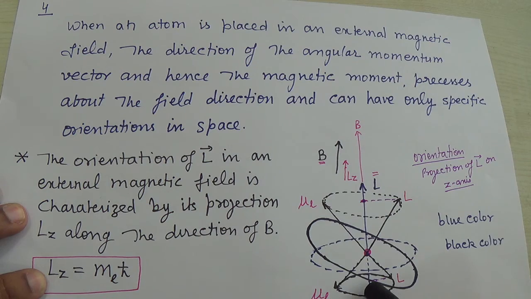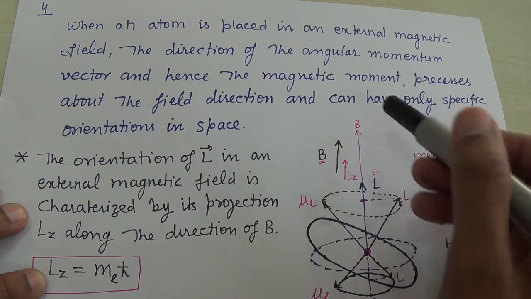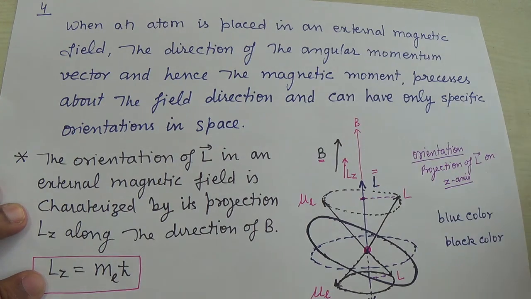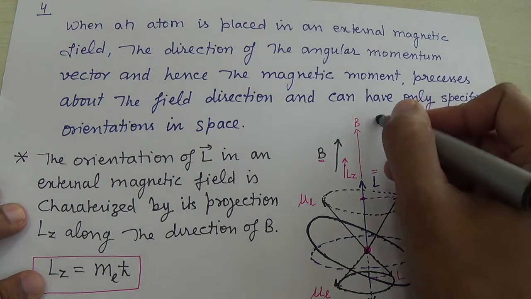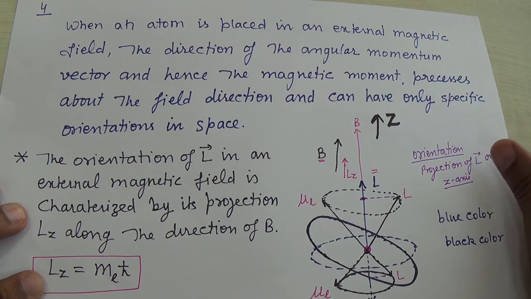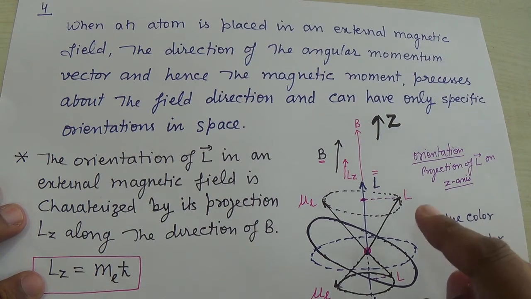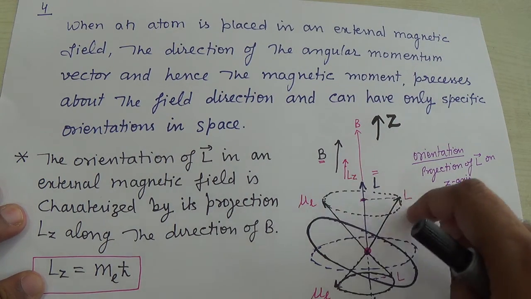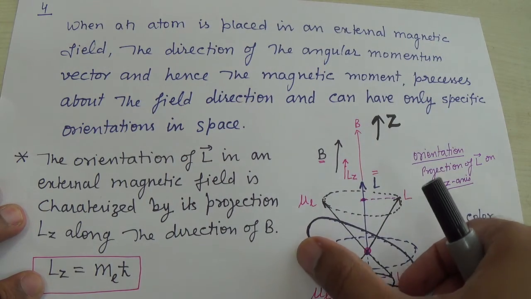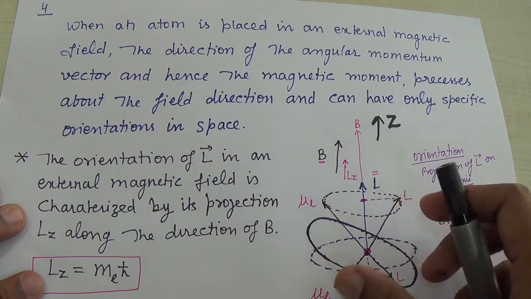We have applied some external magnetic field along this direction, that is the z direction. This is our z direction, right? Now what happens? In the presence of the external magnetic field, this L starts to rotate about the z axis, like this, so this plane starts to rotate.